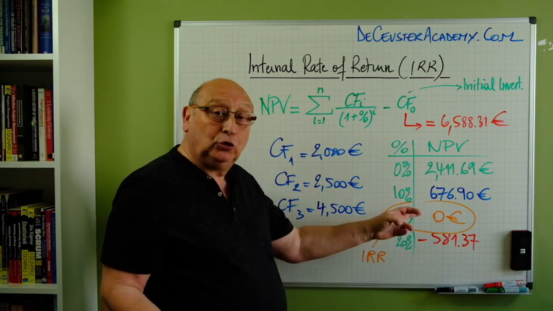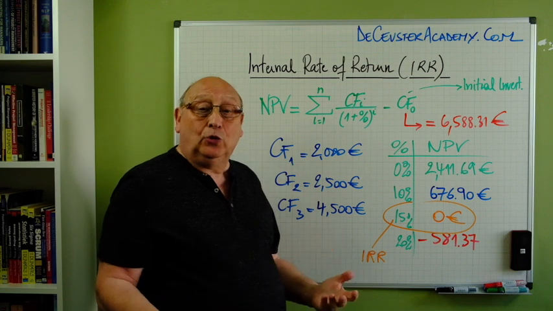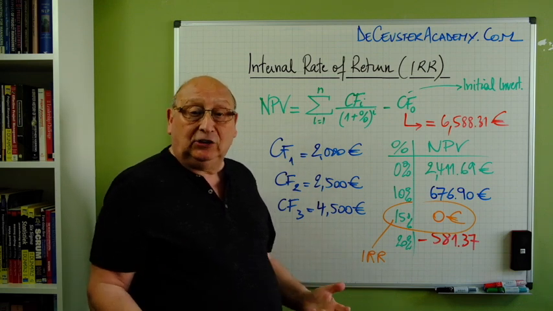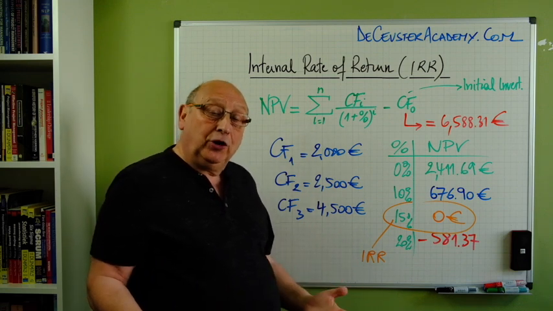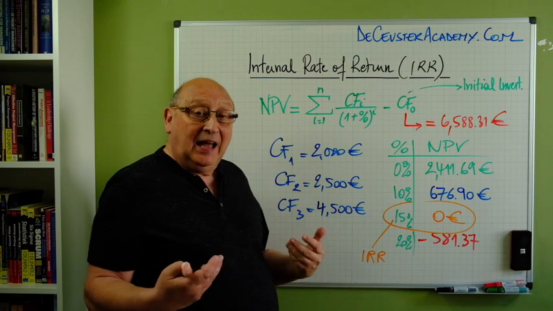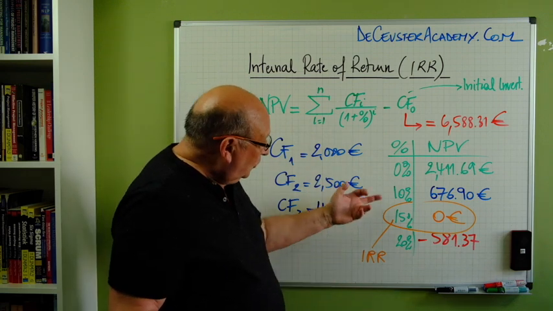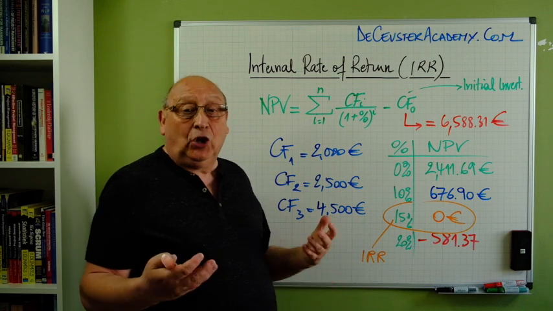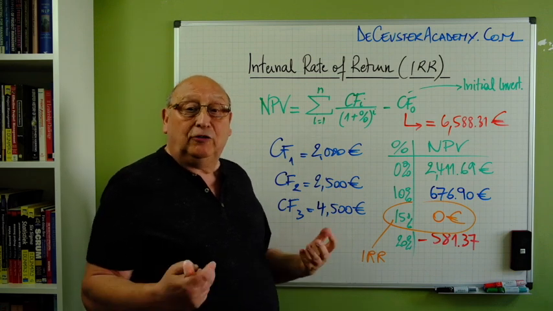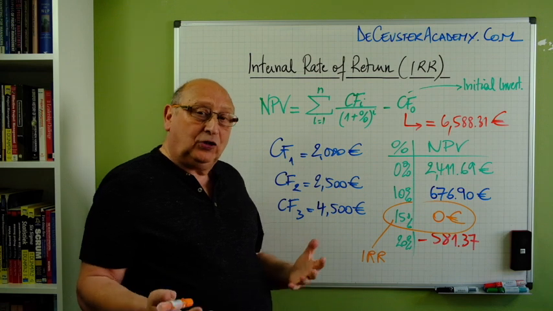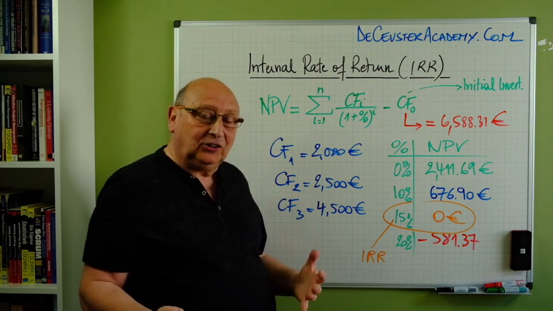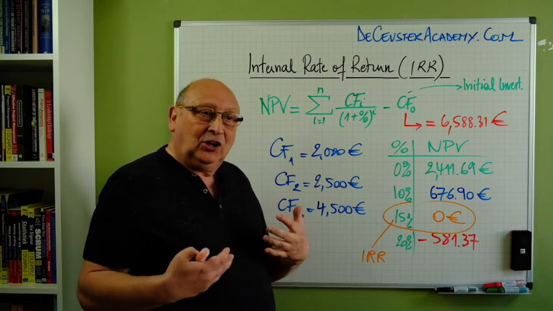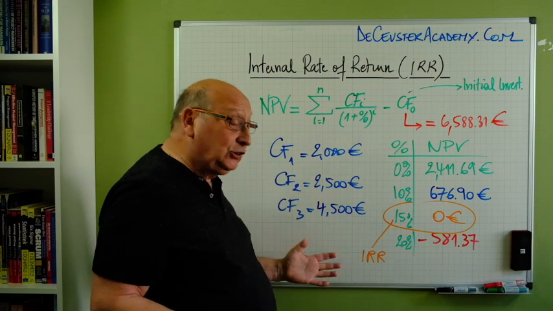And between those two, we have a new approximation of the internal rate of return. The numbers I've chosen here have been such that we exactly find an internal rate of return which is equal to 15%.